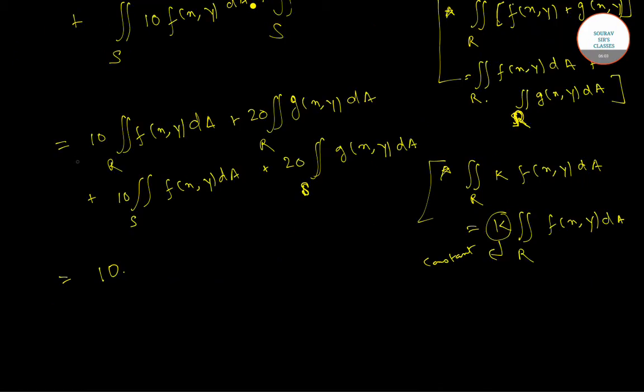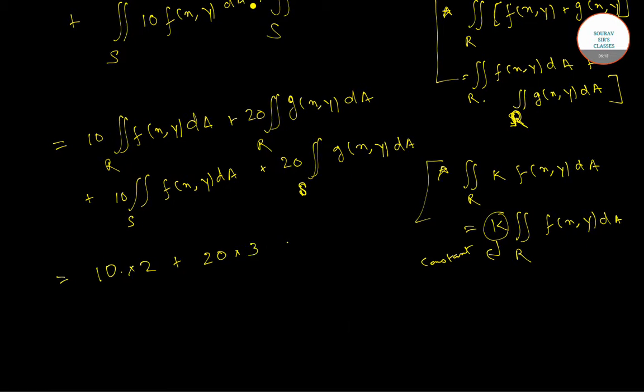The double integration over region R of f(x,y) dA equals 2, so 10 into 2, plus 20 into the double integration over R of g(x,y) dA, which equals 3, so 20 into 3, plus again 10 into the double integration over region S of f(x,y) dA, which equals 6, so 10 into 6, plus 20 into the last one, which equals 7.